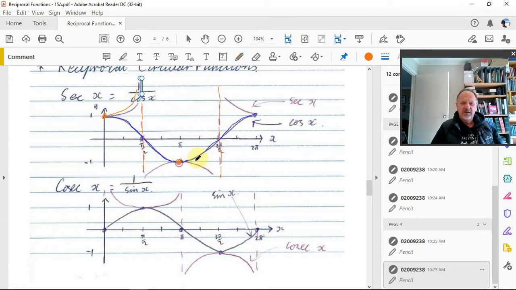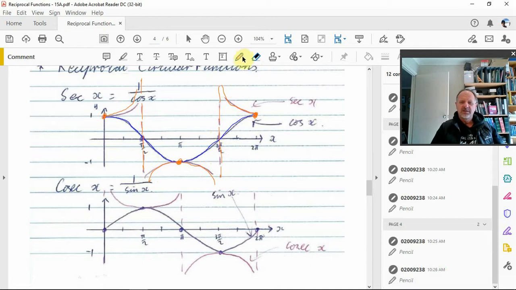Again, here 1 over -1 is -1, and curve around there like so and like so. So they're heading towards our asymptotes, and then as cos gets little, 1 over a little number is a big number. And over here, 1 over 1, and there's the other part. So that orange one that I've done then is the sec graph.